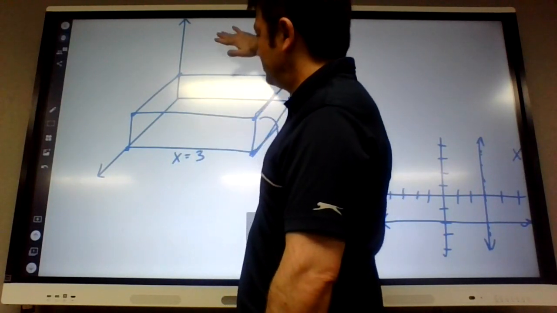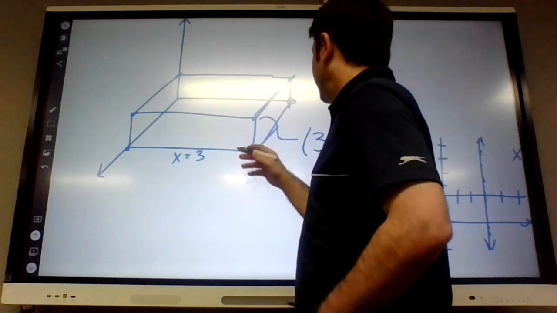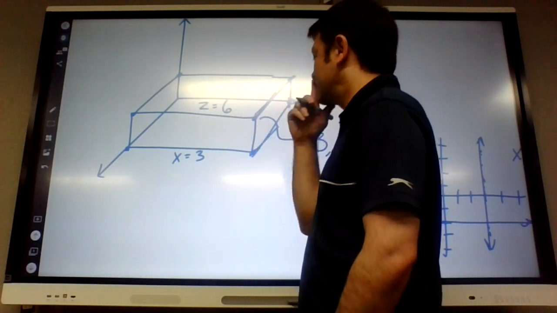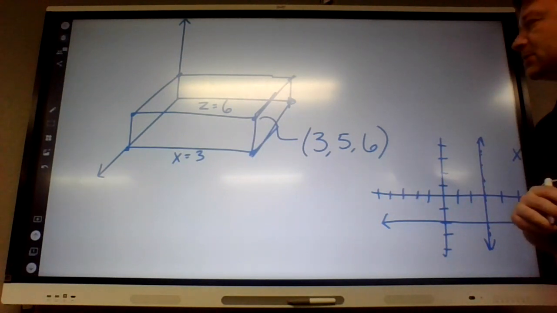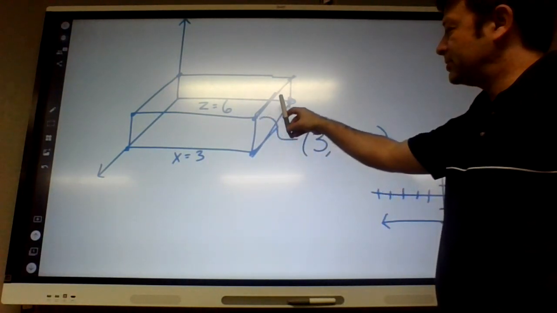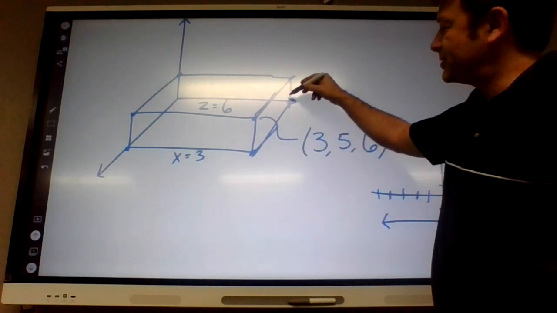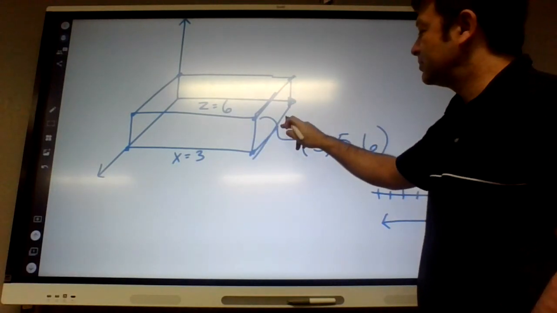They go off this direction, off that direction. Anyway, the top plane would be called z equals 6. All the points on that plane would have a z value of 6. And maybe this right side over here, it's cutting through the y-axis at 5, so it would just be called y equals 5.